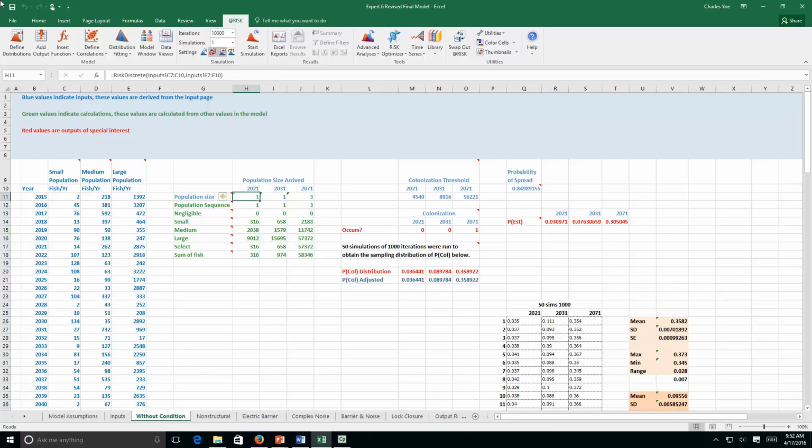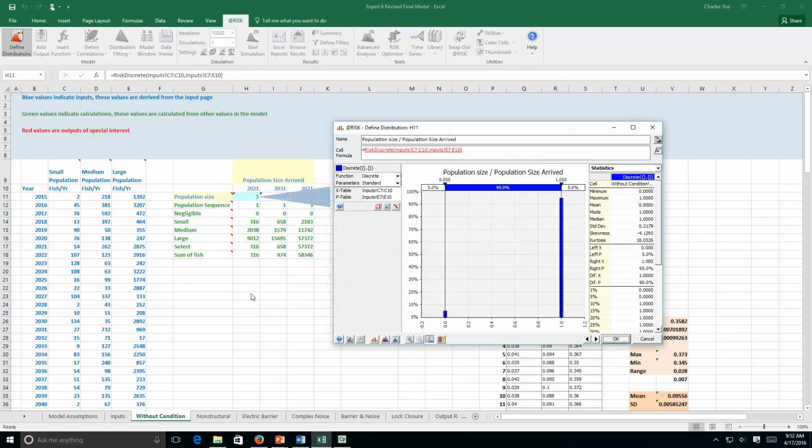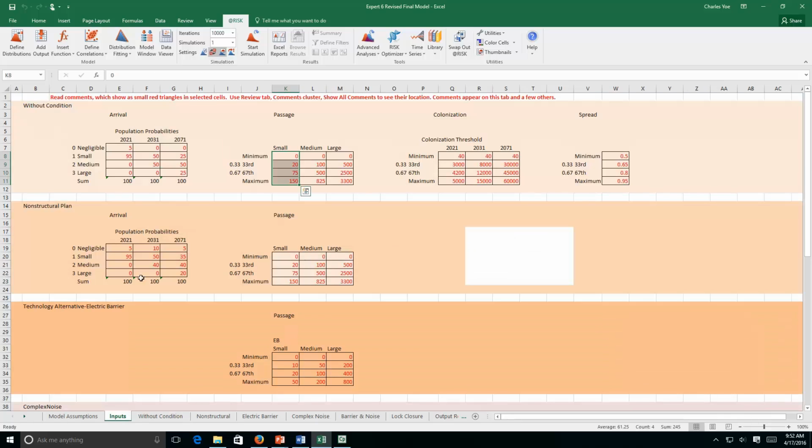So for 2021, for example, that number comes from a distribution, and that distribution looks like this. There's a 5% chance of a negligible population, a 95% chance of a small population. Those inputs come from here.